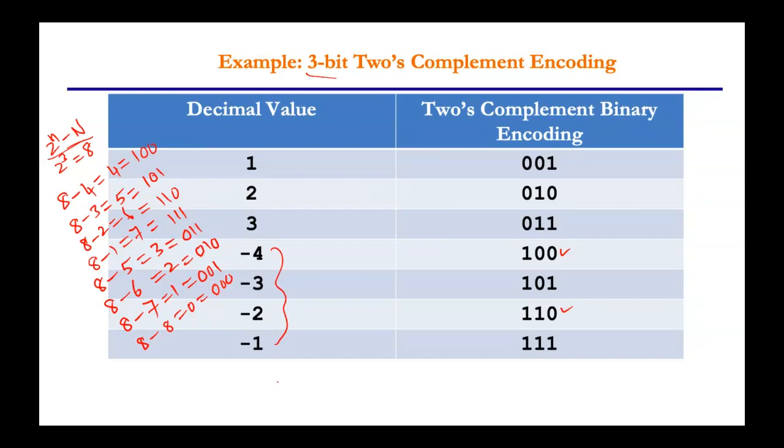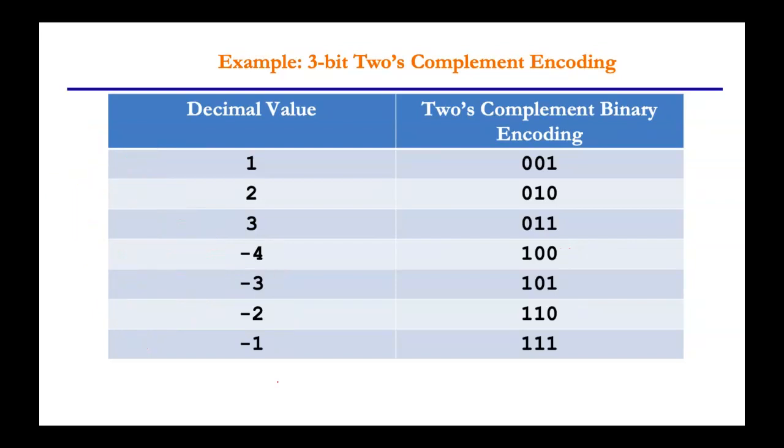So now let us assume that instead of 3 bits, we have 4-bit two's complement encoding. Here you find 2 to the power of n minus capital N, where 4 bits means 2 to the power of 4 is equal to 16, right?